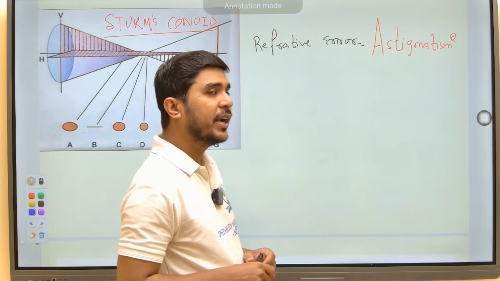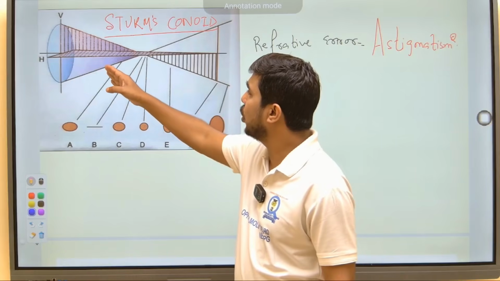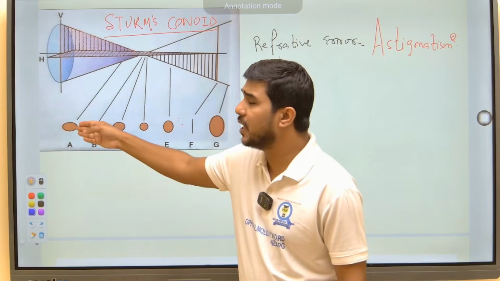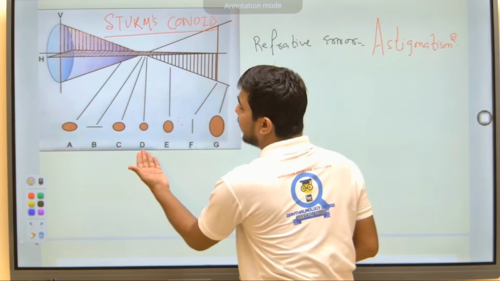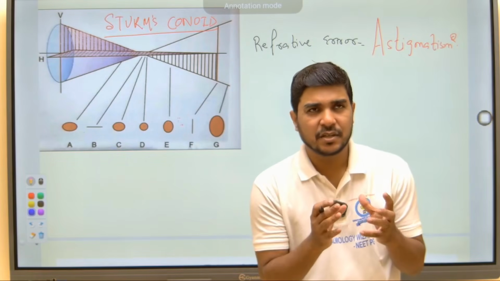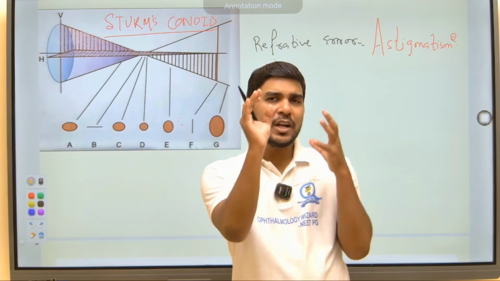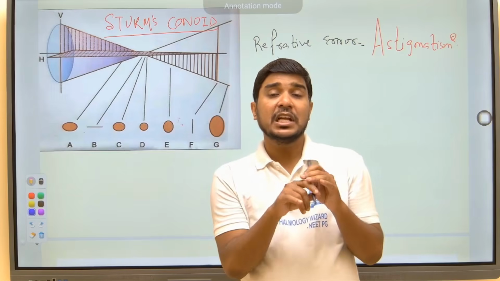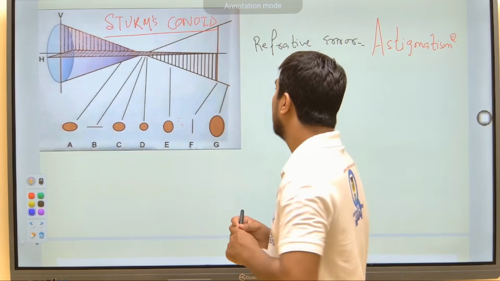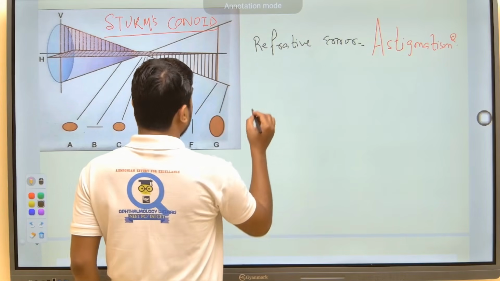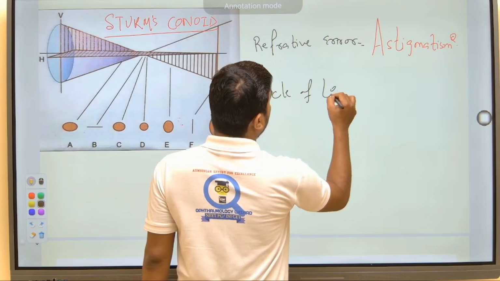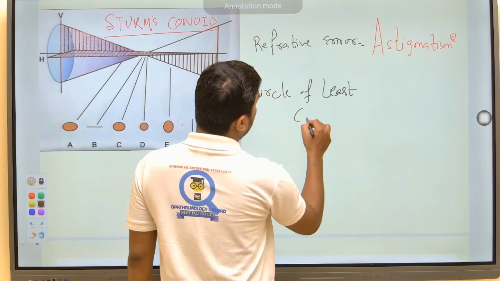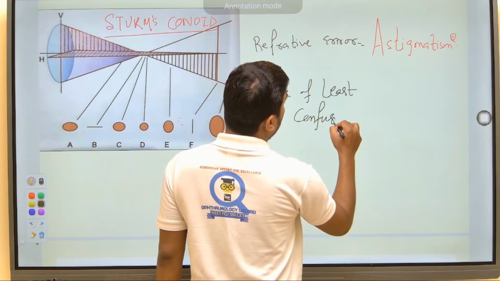Now, the second important thing: at each and every point, they are making some image formation, like at points A, B, C, D, E. They have asked one typical question: at what point will there be the circle of least confusion?